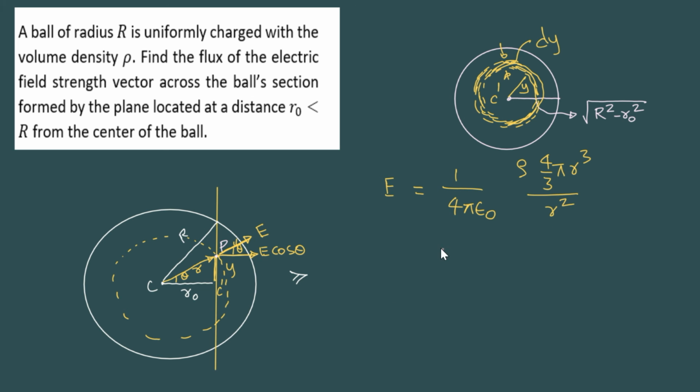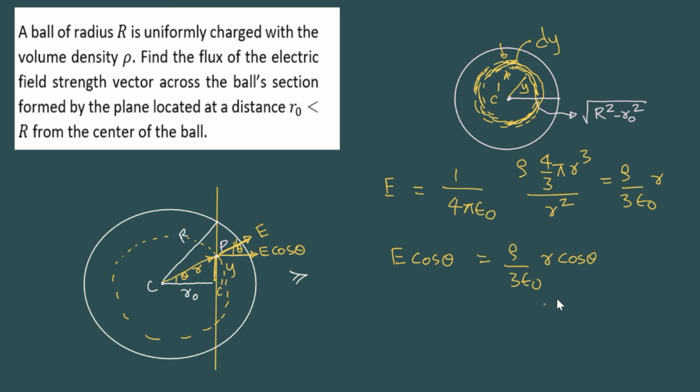So this would be rho by 3 epsilon naught r. Now what do we want? We want E cos theta. So E cos theta will be rho by 3 epsilon naught r cos theta.